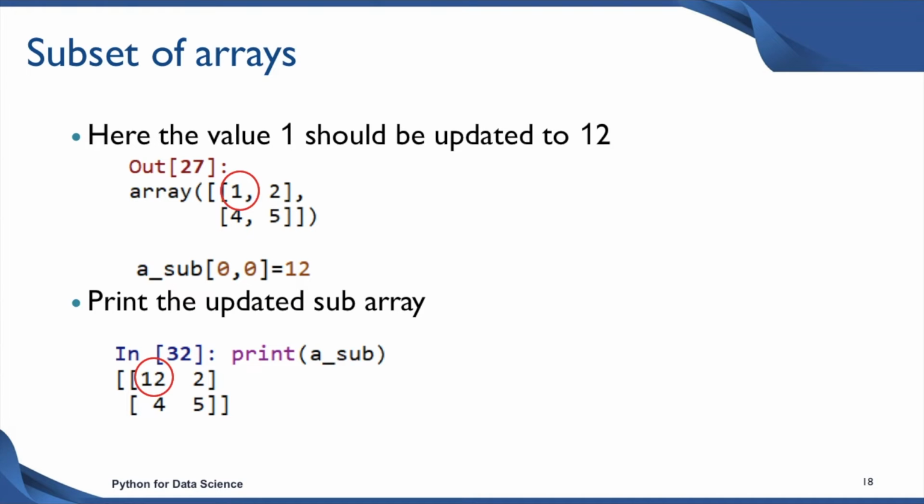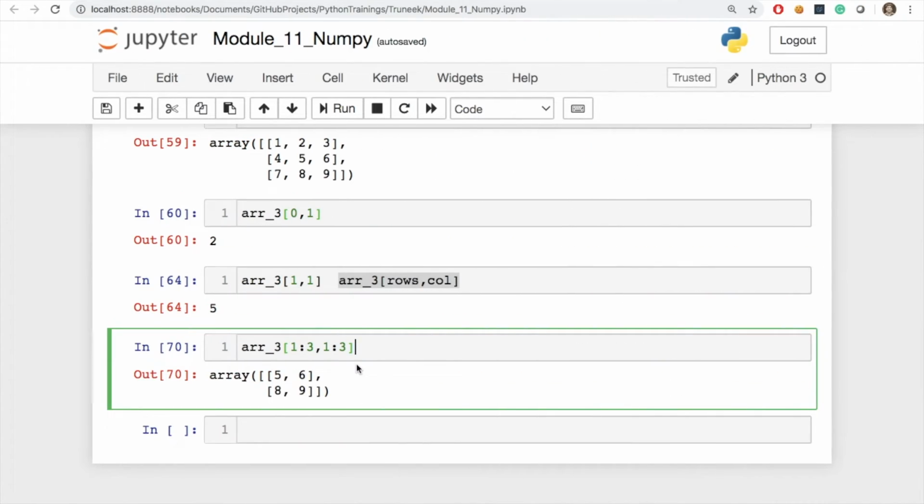And if we wanted to update a specific value residing at a particular position, that also we could change, right? For example, we wanted to change 1 to 12, or update all the values of a subarray to a specific value, that we could easily do, right?